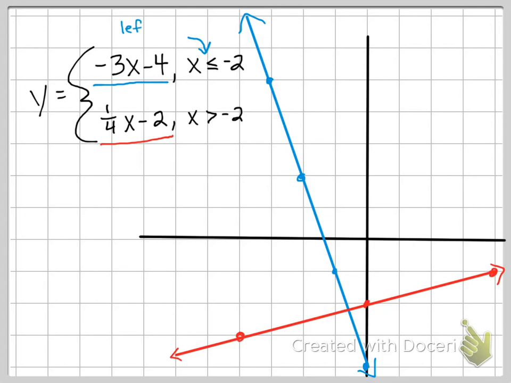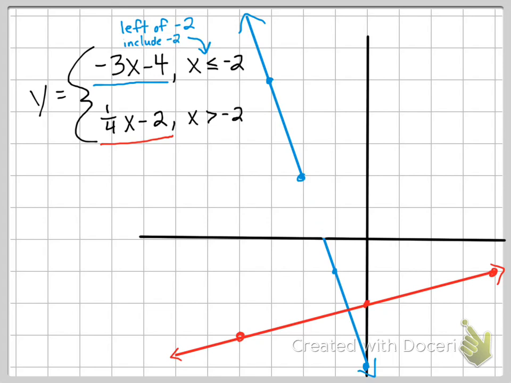This piece tells me that the first function is to the left of negative 2 and includes negative 2, because I use this graph when x is less than or equal to negative 2. So everything to the left of negative 2 and including negative 2 is where I count the blue line. Here's x is negative 2.